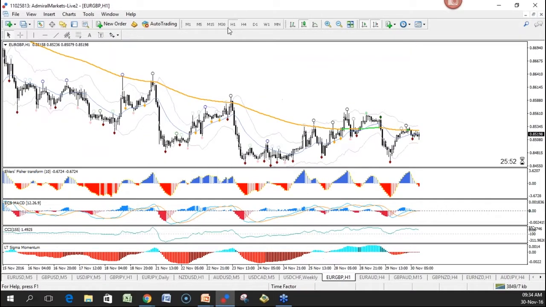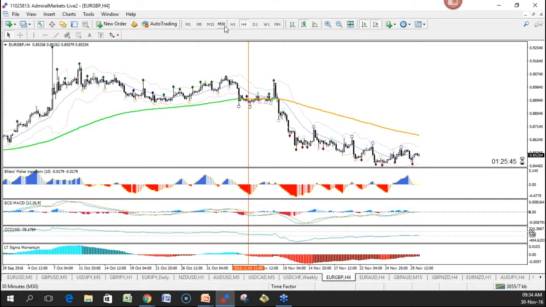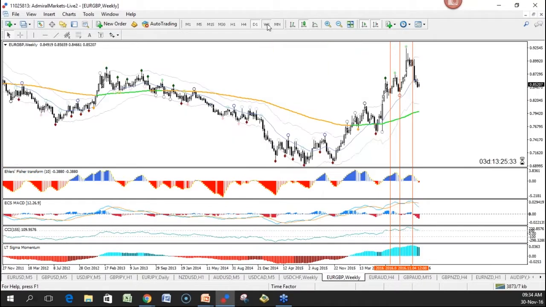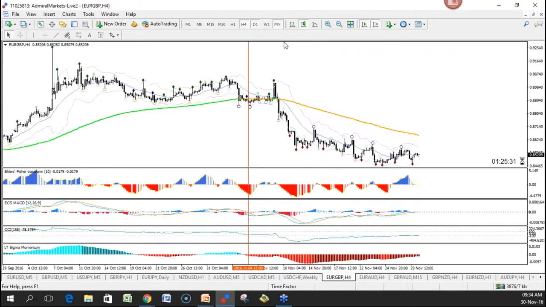So if hourly is a mixed bag, it's going to be difficult to trade it. So I don't think that daily is down, but I don't see 3 time frames that kind of converge here at this moment.